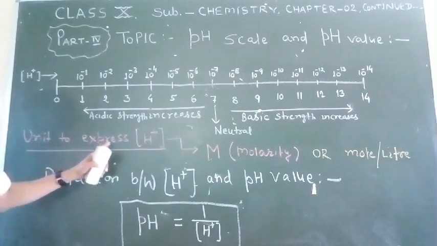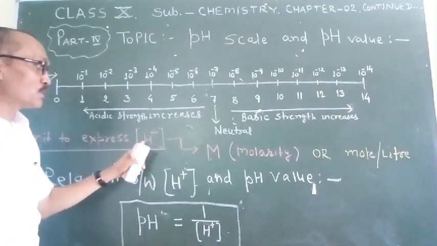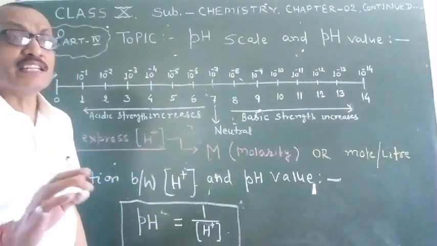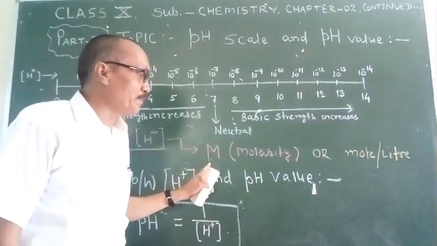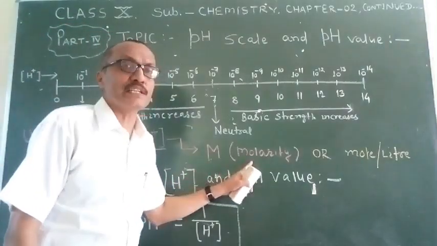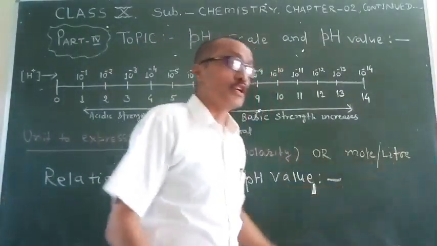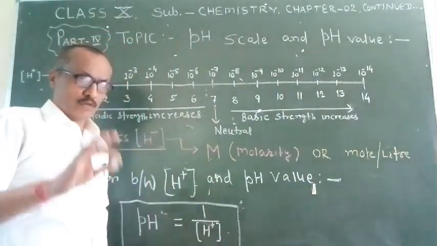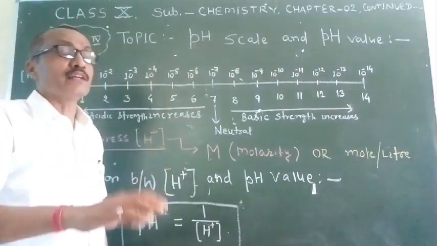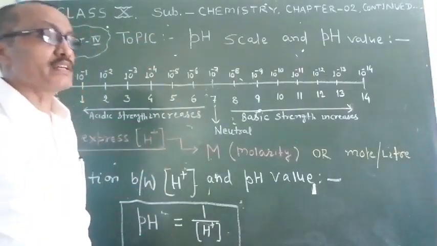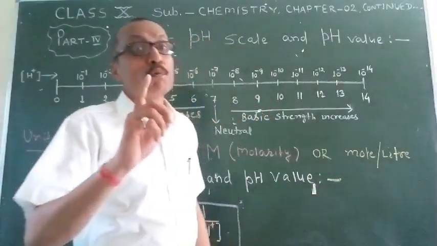Now students, you need to express hydrogen ion concentration. Students, hydrogen ion concentration in a solution is expressed in the unit capital M, which is molarity, and also you can say mole per liter. So keep in mind, concentration of hydrogen ion or hydroxide in a solution is expressed in the unit of mole per liter, which is molarity.